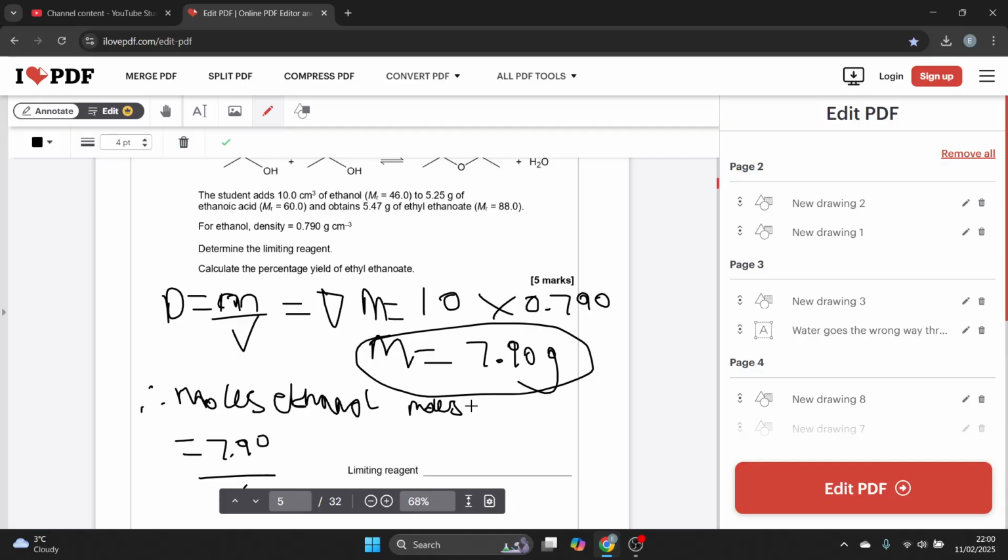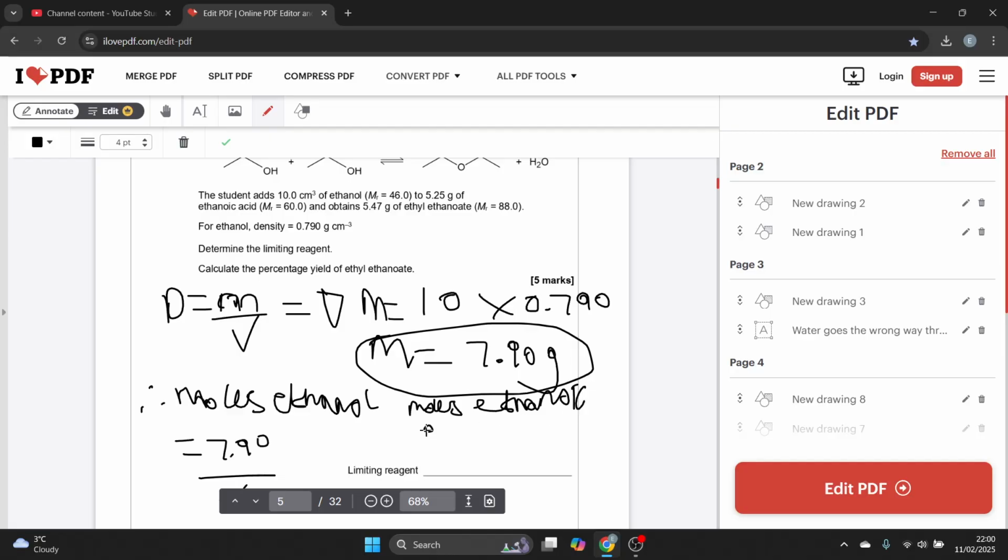Then moles of the ethanoic acid, because I was just a bit confused.